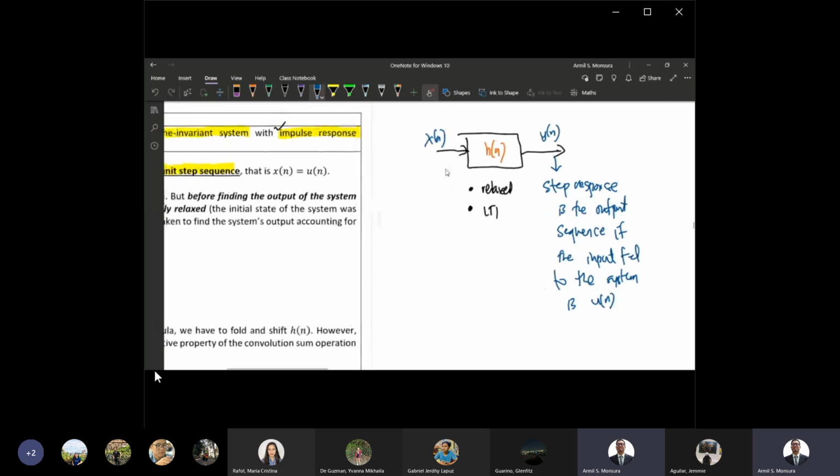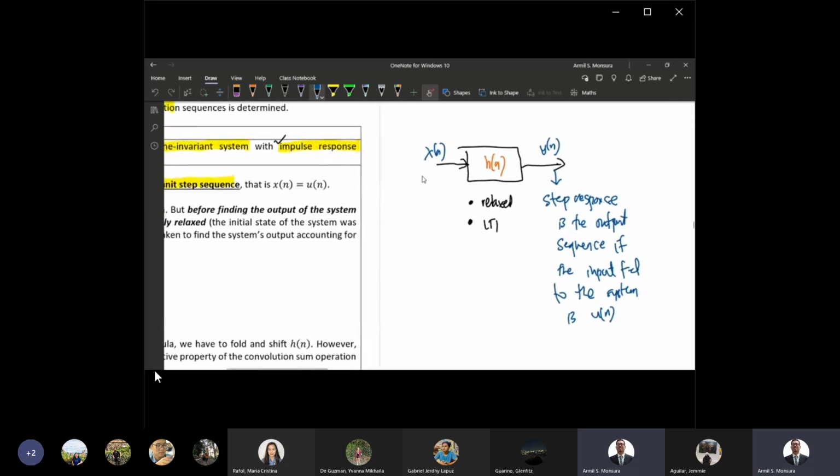So ibig sabihin ang x of n natin dito is basically the step signal. It means that we have x of n equals u of n.